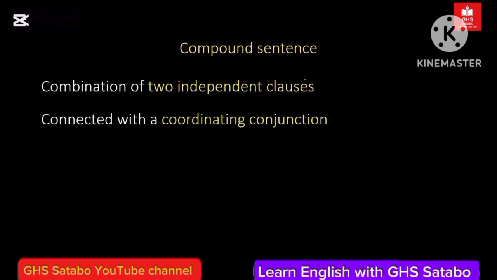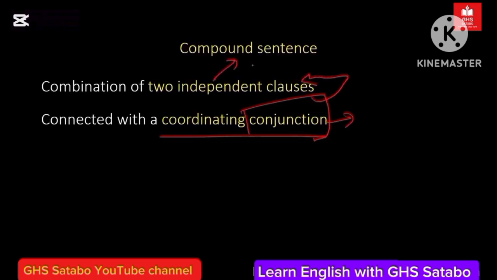Also, they're always connected with a coordinating conjunction. Don't worry about this word over here, coordinating conjunctions, because we have other slides to discuss this in more detail. But over here, please understand, you need a conjunction to join two independent clauses to make a compound sentence.